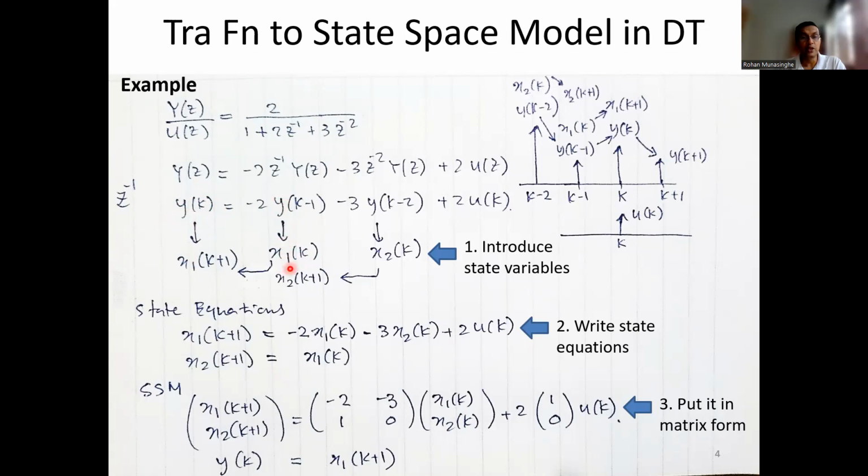the first state variable, right, x1k, and stepping up by one shift. So x1 k plus 1 is over here. Okay. And similarly, if you look at this one, x2k, right, after one time step, what will happen is that this value will come over here, right?